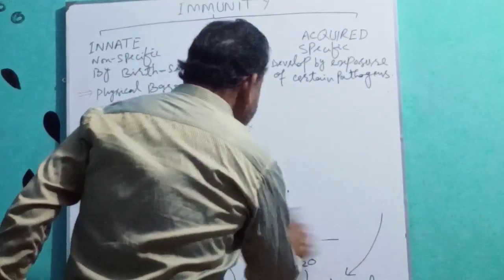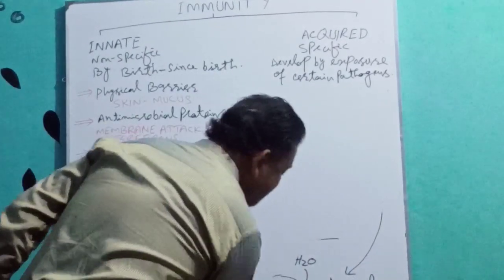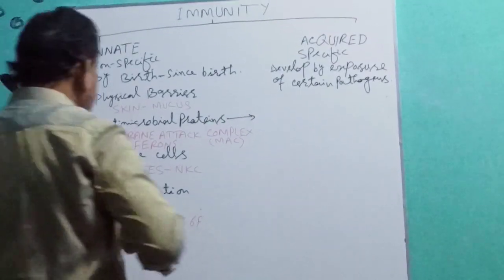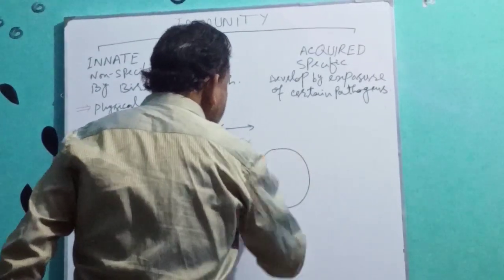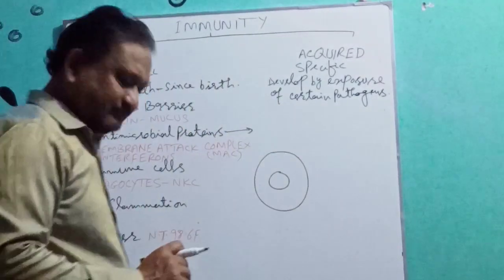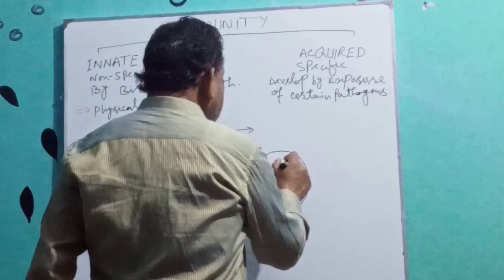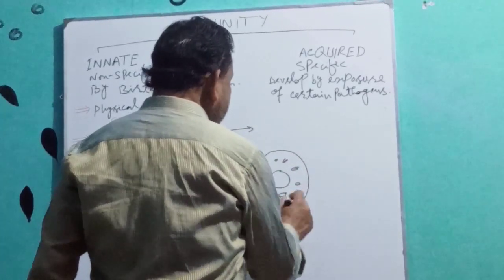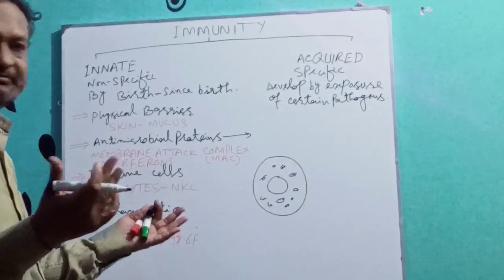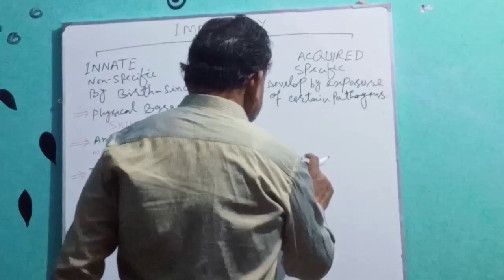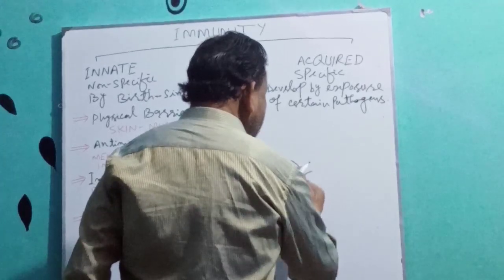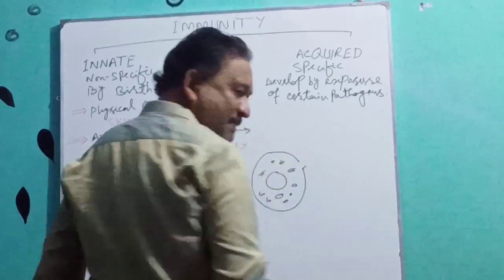The next one is inflammation. Inflammation is also a part of innate immunity. This is the normal cell. When this cell is infected, the microorganisms increase their numbers. Finally, this cell bursts or is ruptured.